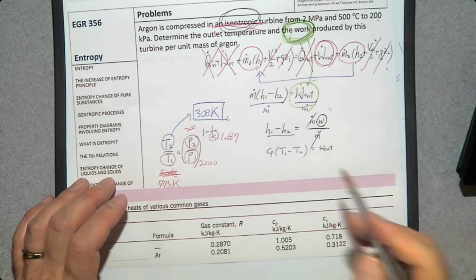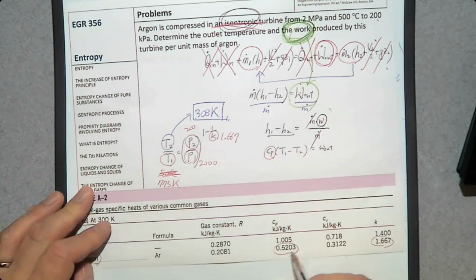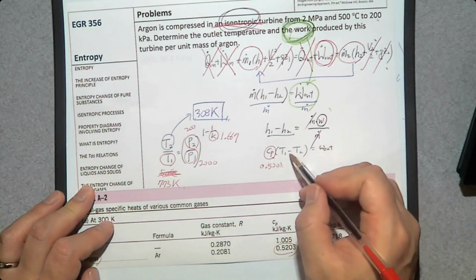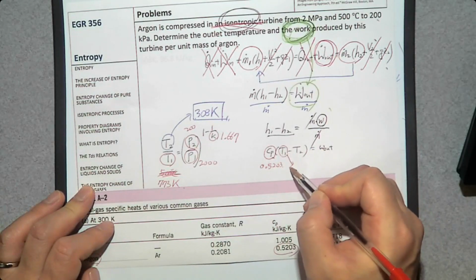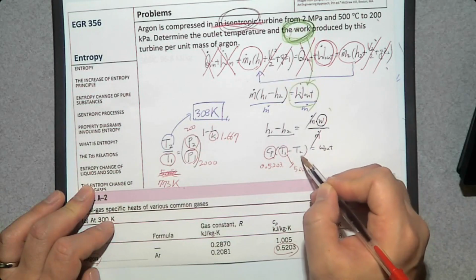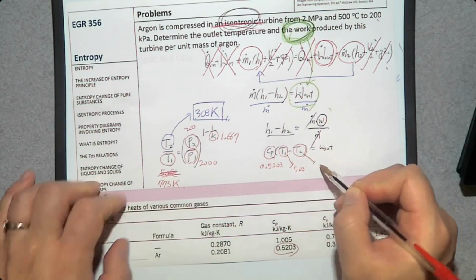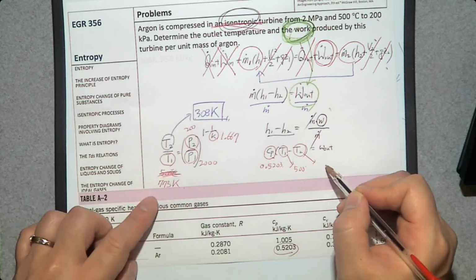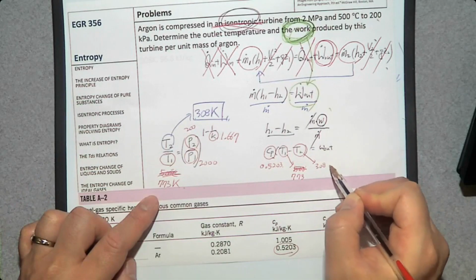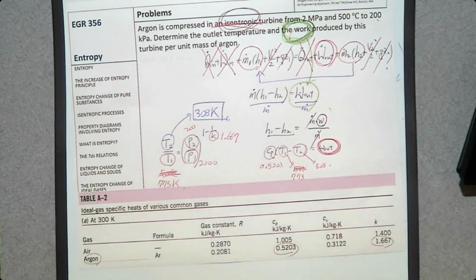What is the specific heat? 0.5203. The inlet temperature is 500, and the exit temperature is 773 and 308. Can you determine the energy transfer by work produced by this turbine per unit mass?